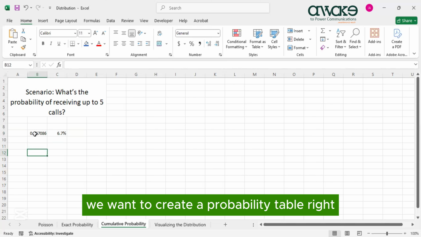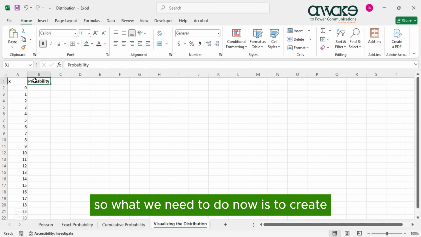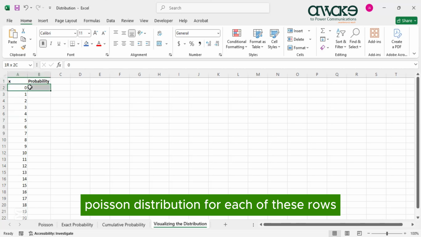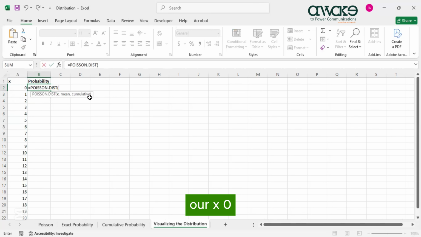We want to create a probability table where we have the column X and the probability column. So what we need to do now is to create the Poisson distribution for each of these rows. We are going to say equals Poisson distribution, our X 0.